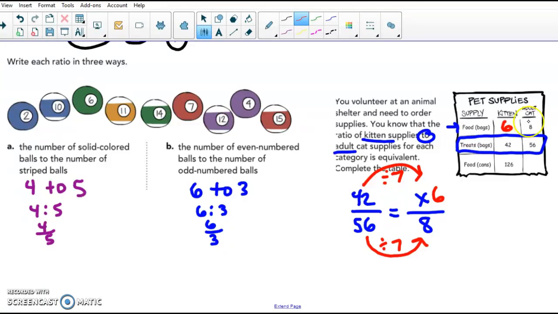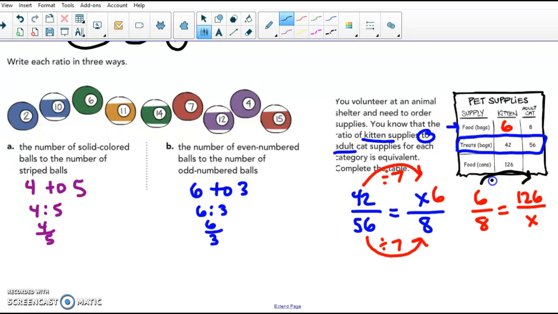Now I'm going to use this ratio to help me determine how many adult cat food cans I need, because I know I need 126 kitten. Remember, kitten is the first term in our ratio, but I don't know how many adult cat food bags. So now I need to figure out, how do I turn a 6 into 126?